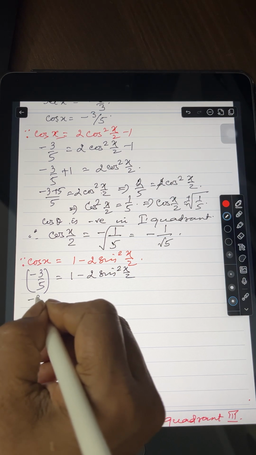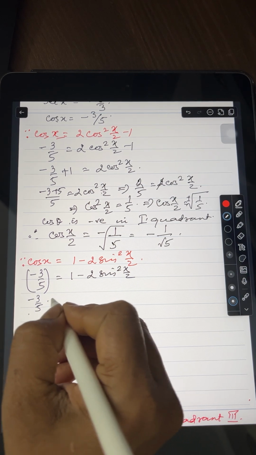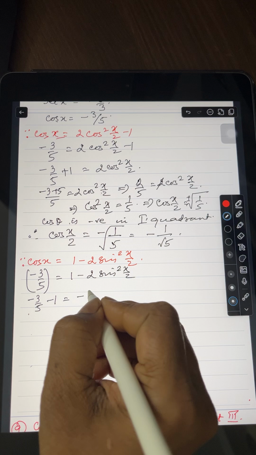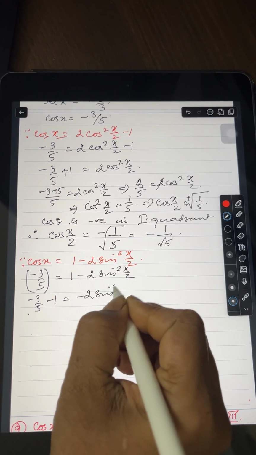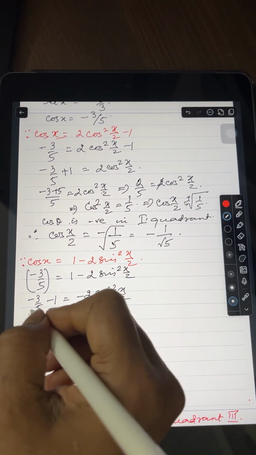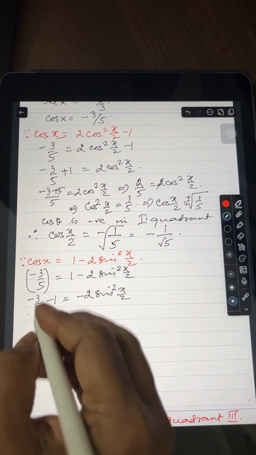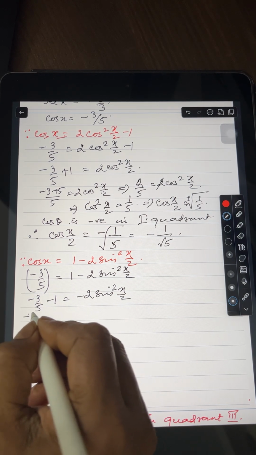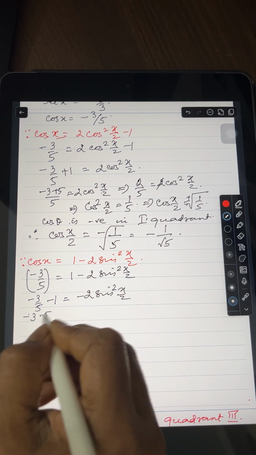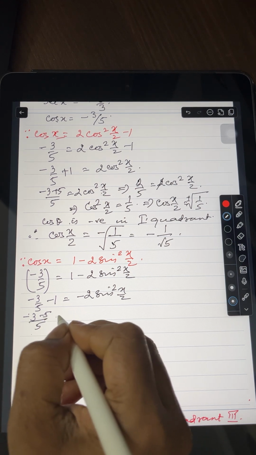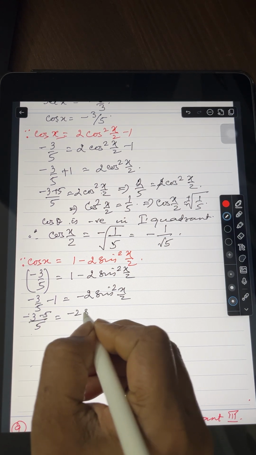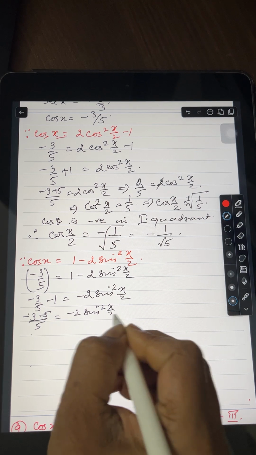So minus 3 by 5 minus 1 is equal to minus 2 sin square x by 2. So this will become what? If you take LCM, minus 3 minus 5 by 5 is equal to minus 2 sin square x by 2.